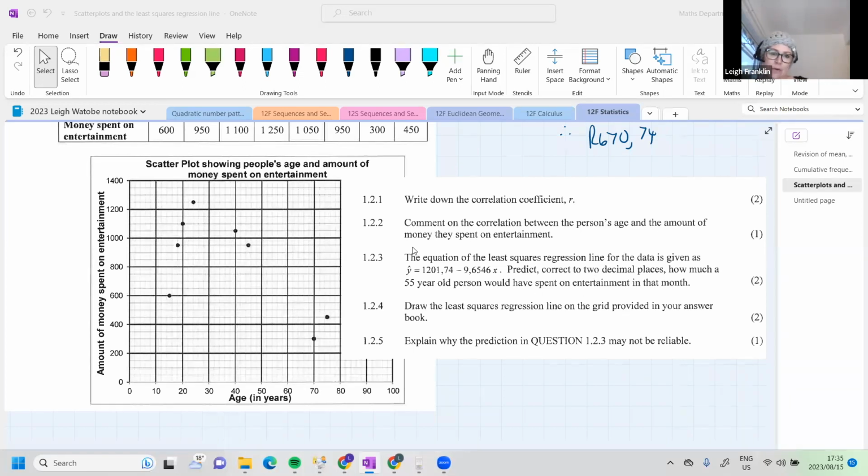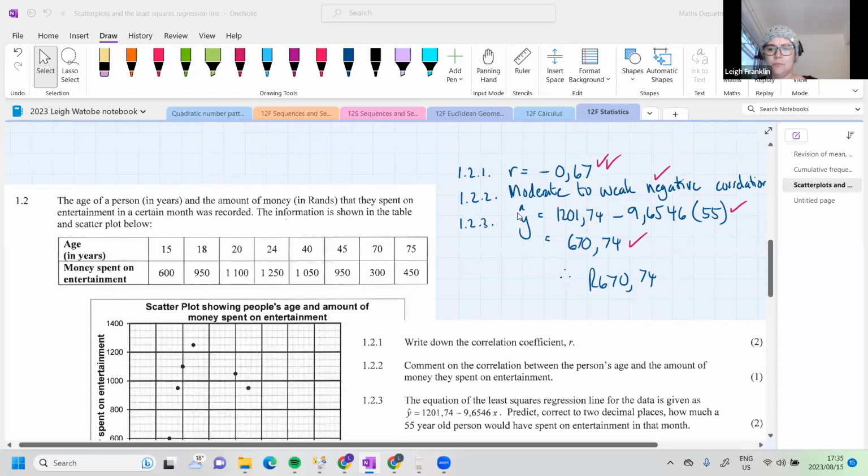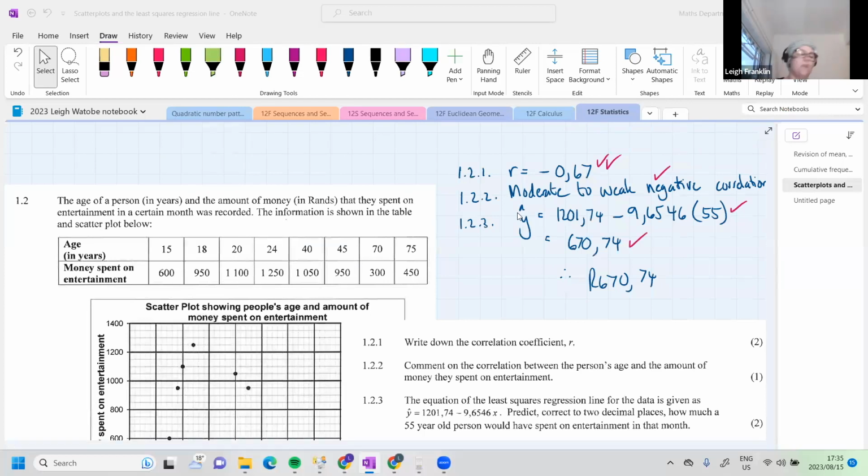So that was given. Yes, Emma Maleng? Ma'am, in terms of X, I have substituted 50 instead of 55. I just realized. Okay. So that's where you got that weird answer from. It was a 55-year-old person, not a 50-year-old person. So it was just subbing in the wrong value.